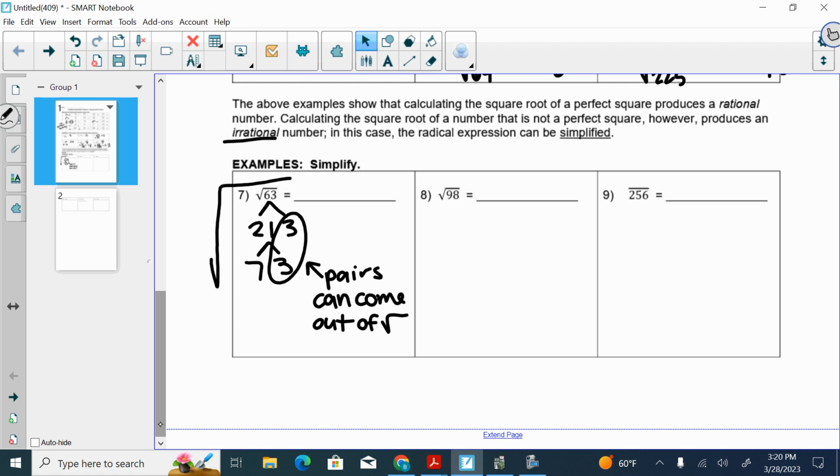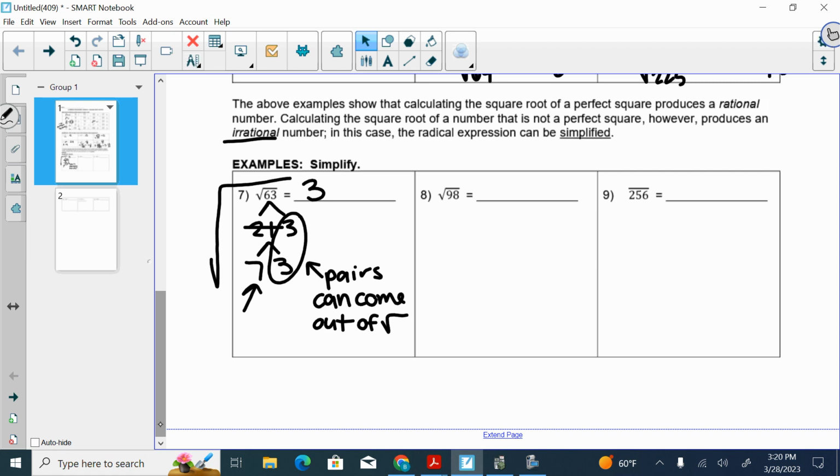So I've got one pair of 3's. That means I can take out 1 3. So I'm going to take a 3 out from underneath there. But it's got to be a pair if you're going to take it out. Okay, is there anything that didn't have a pair? The 7, right? The 21 was gone because we split up. So the only thing left here is the 7.